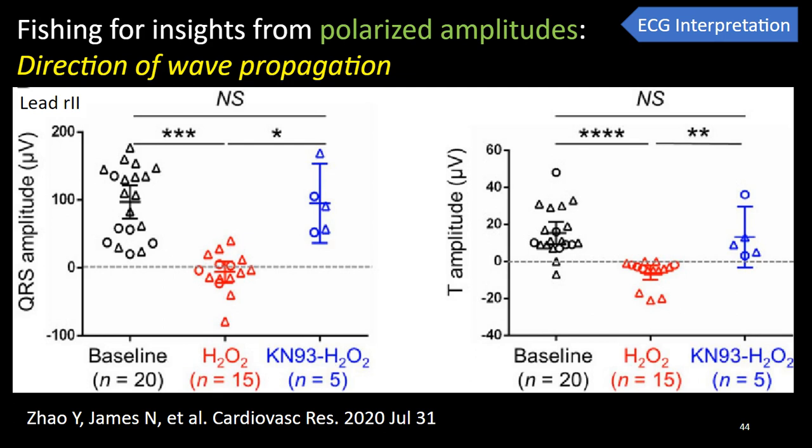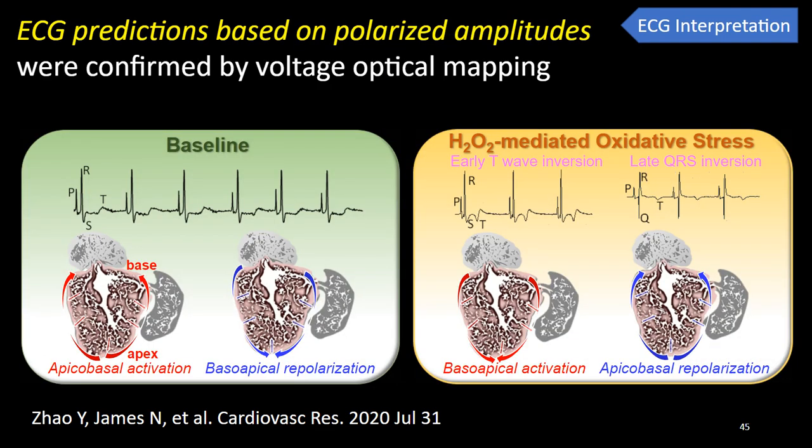So, how to fish for insights on amplitudes? The beauty here is that the amplitudes are polarized. Therefore, the wave polarity reveals to us the direction of wave propagation. Here's an example from our publication showing that by comparing the QRS amplitude and T-wave amplitudes before and after oxidative stress, absence or presence of KN93, which is an inhibitor of calcium calmodulin-dependent protein kinase 2, or CaMKII, activity, we found that H2O2 reversed QRS and T-wave polarities from positive to negative through a CaMKII-dependent mechanism.